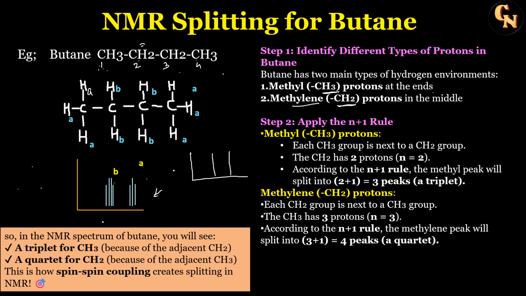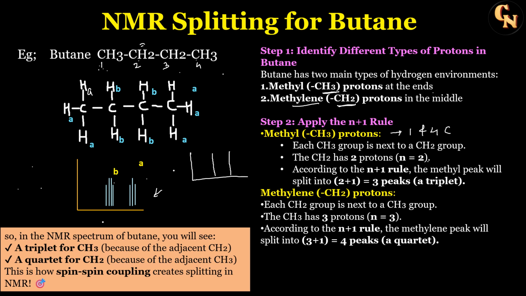This CH3 is on the first and fourth carbon. Both the first and fourth carbon have 2 neighboring protons. The first carbon's protons have 2 neighboring protons, and the last carbon's protons also have 2 neighboring protons. So n is equal to 2 for each CH3 group.